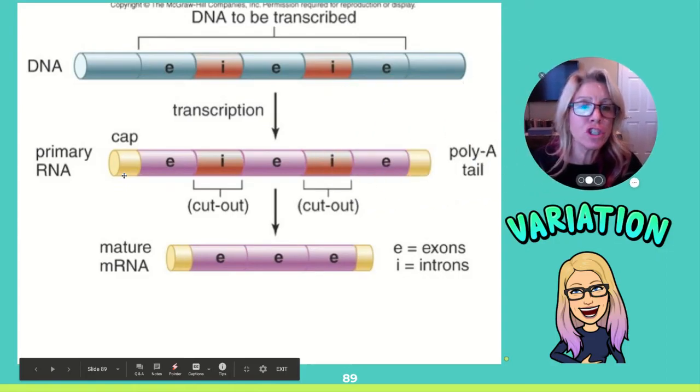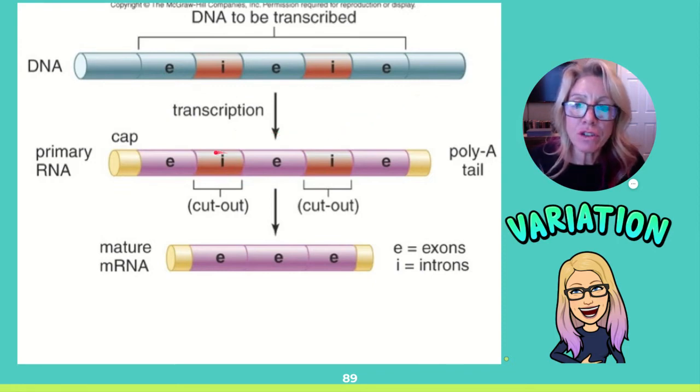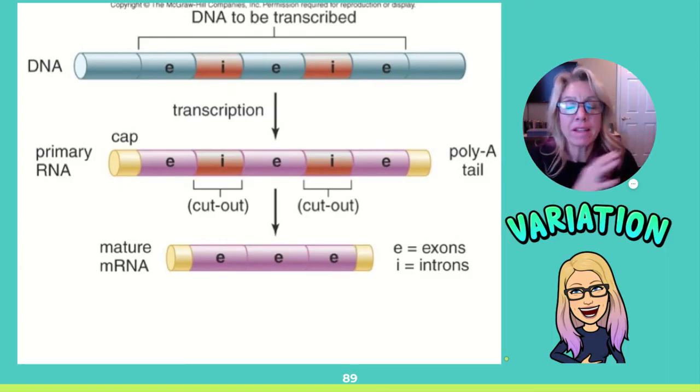Well, the first huge function is variation, because you can have one strand of DNA, and here, if we cut out these two introns right here and splice these three together, you could think of it as exon 1, exon 2, exon 3. That would then be one type of mRNA, which would give you one type of protein, potentially. More on that later.